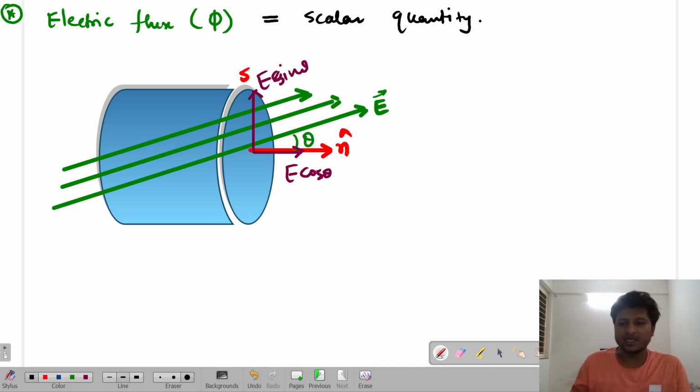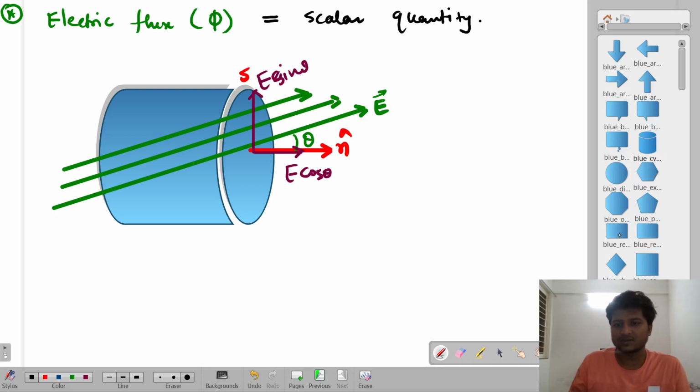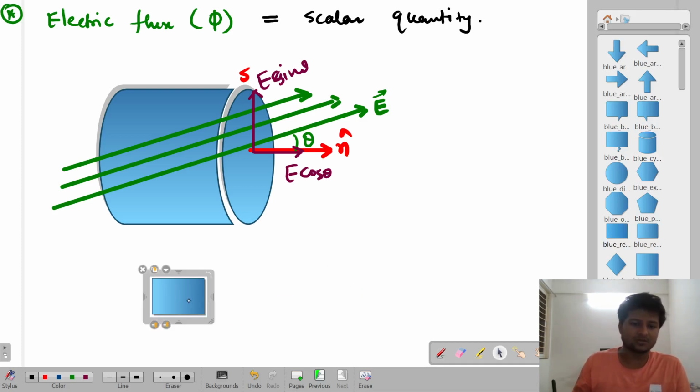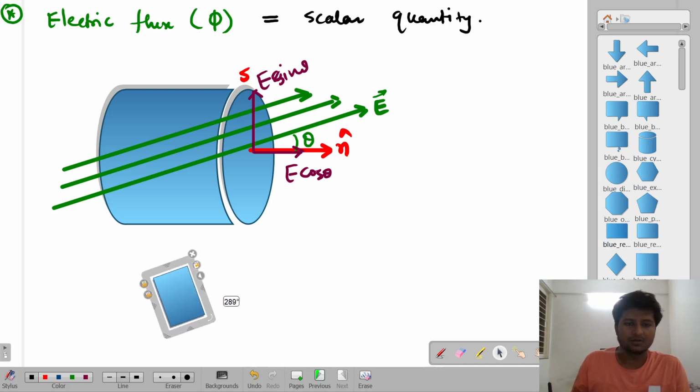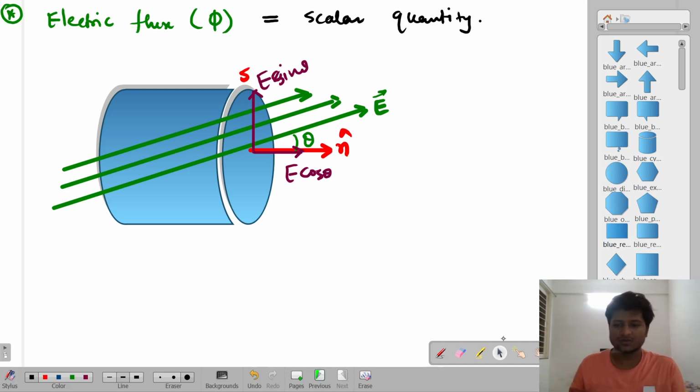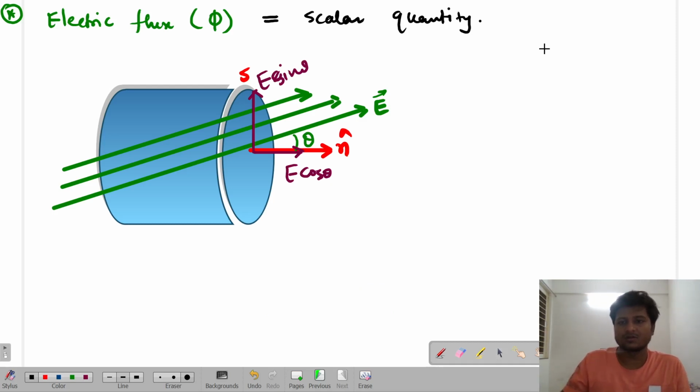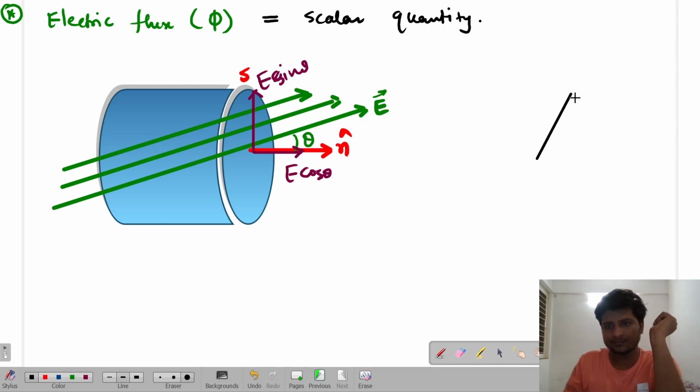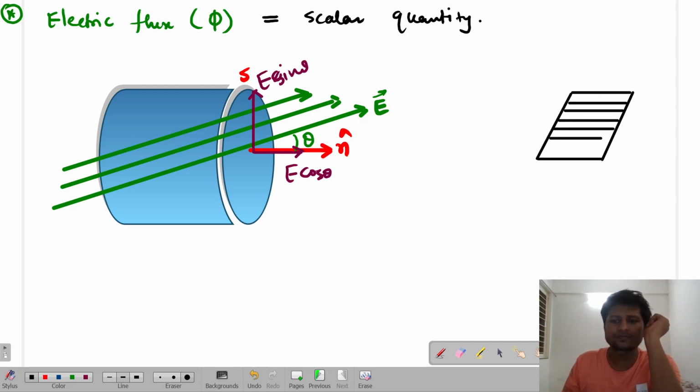If I take any kind of surface, the point is very simple that a surface will not always be planar.